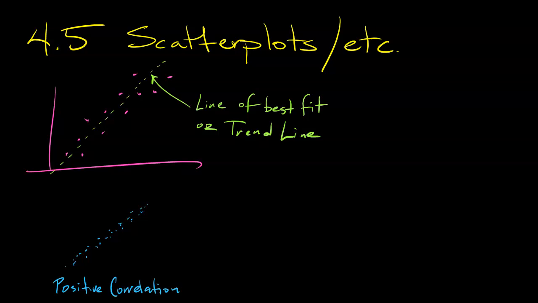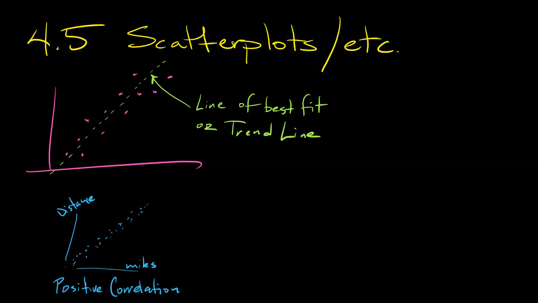And a positive correlation would be something like, let's say you're going on a bike ride, and the amount of miles that you bike would go together with the distance that you biked.